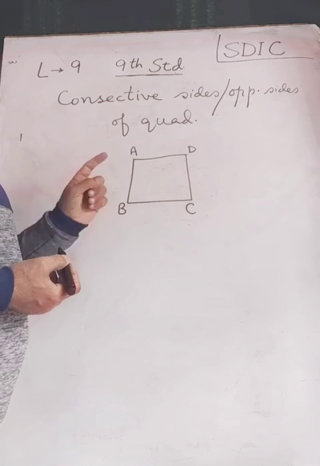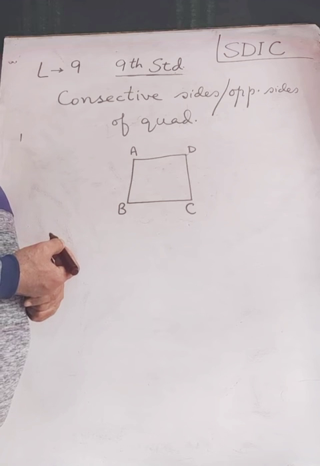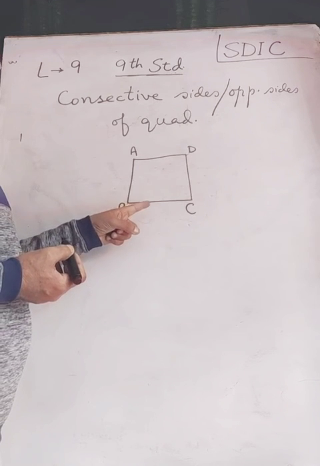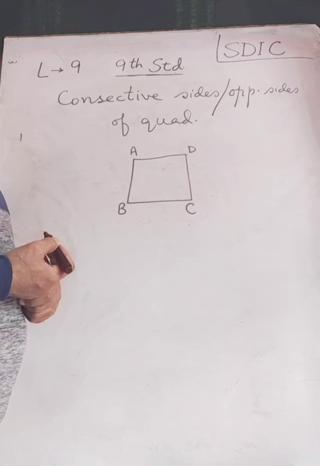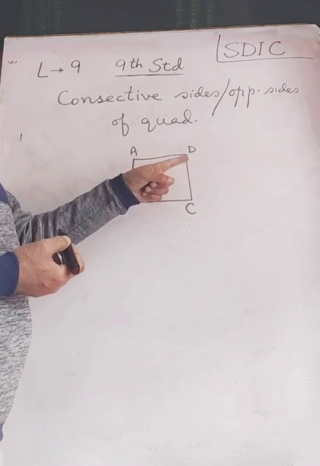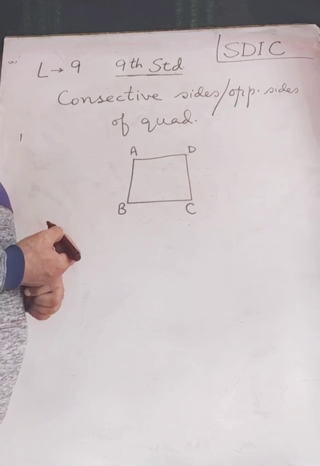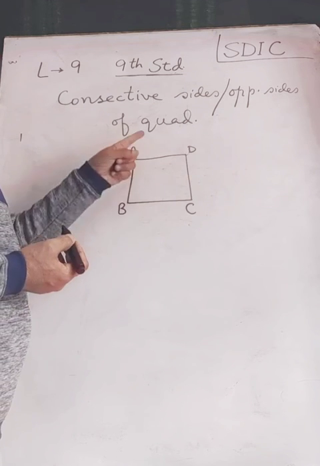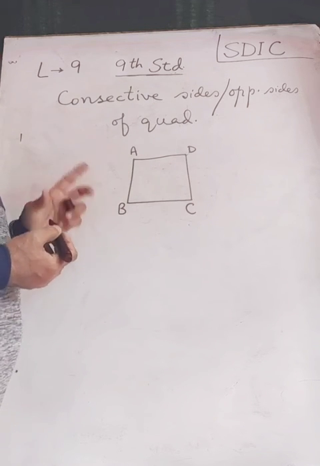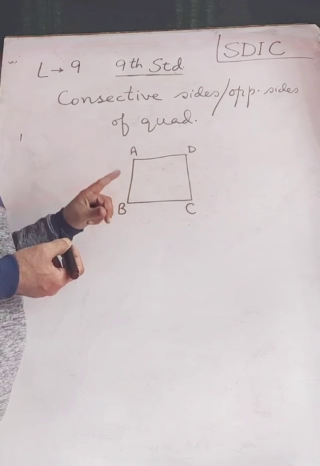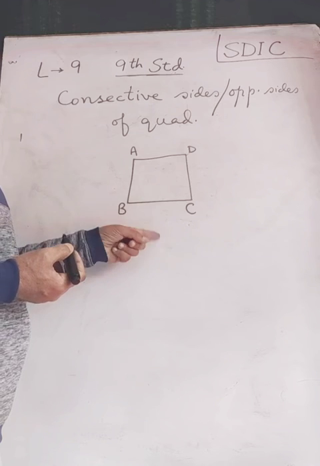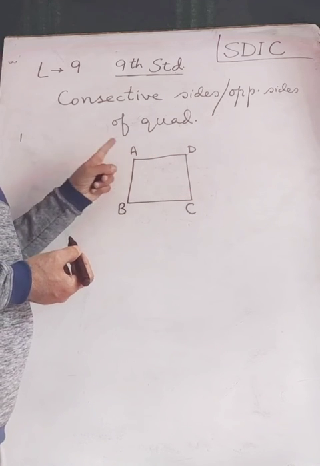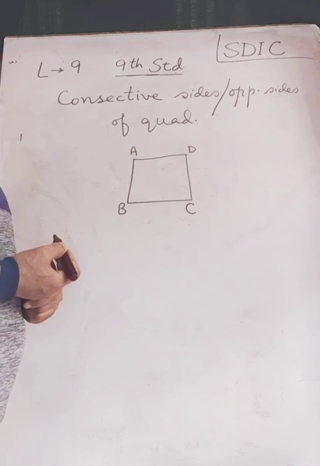AB and BC are therefore consecutive sides. We also have BC and CD as consecutive sides. This time C is the common vertex, common endpoint. CD and AD also are consecutive sides. AD and AB also are consecutive sides. These are consecutive sides which have one endpoint common.